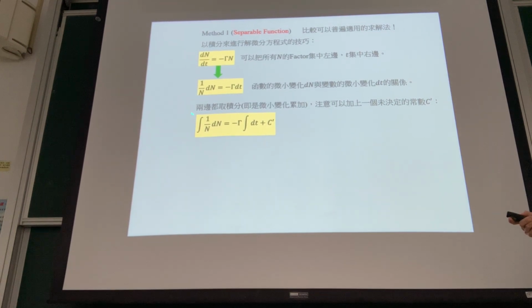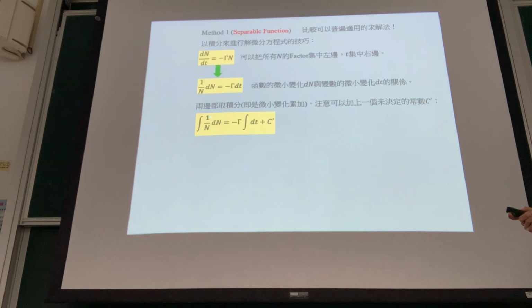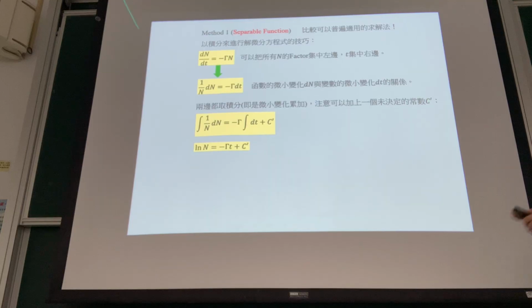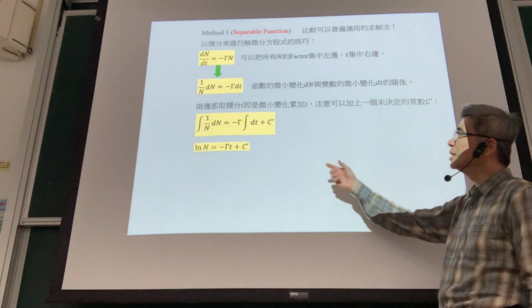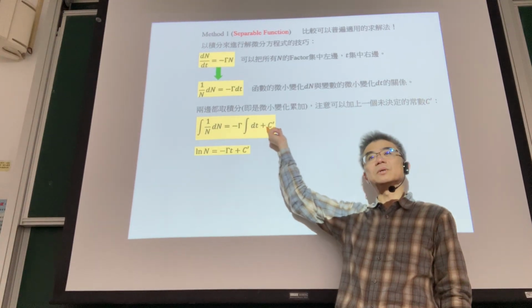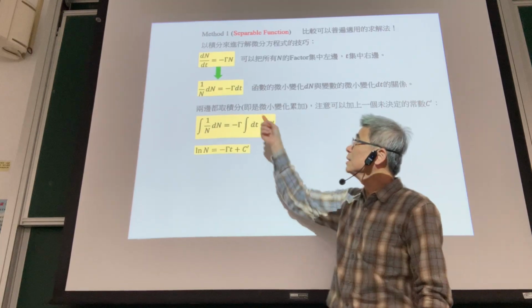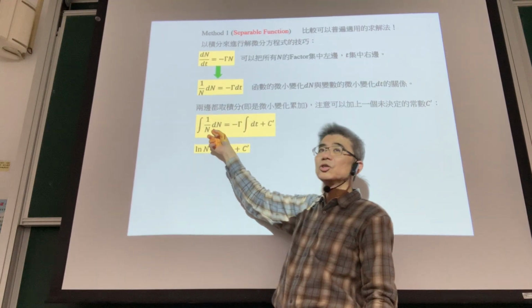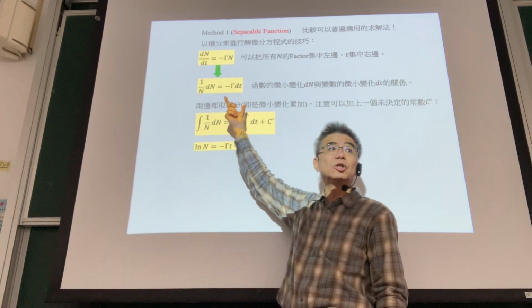Okay, so the left-hand side, 1 over n integrated over dn, everybody can tell you is log n. On the right-hand side, the dt integration is just t. Almost done. But remember, when you take integration, I can always add a constant to it, because integration is the inverse of differentiation.